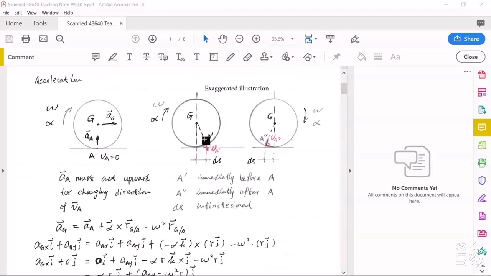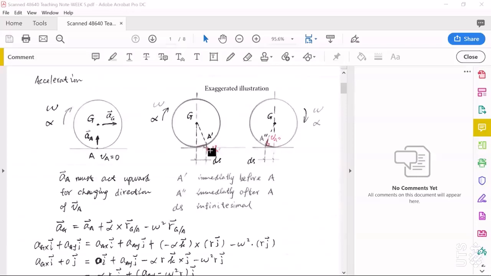One is point A prime, and another is point A double prime. Point A prime is a point immediately before point A. Point A is the contact point. Point A double prime is immediately after the contact point, point A.